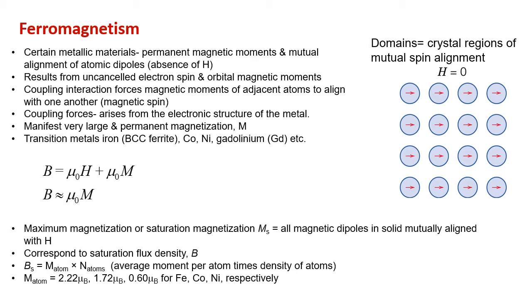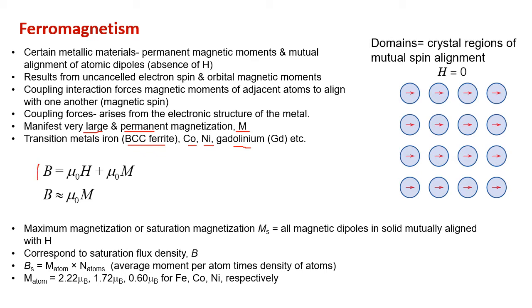Coupling forces arise from the electronic structure of the metal, and manifest as very large and permanent magnetization M. The transition metals such as iron, BCC ferrite, cobalt, nickel, and gadolinium have this kind of property.